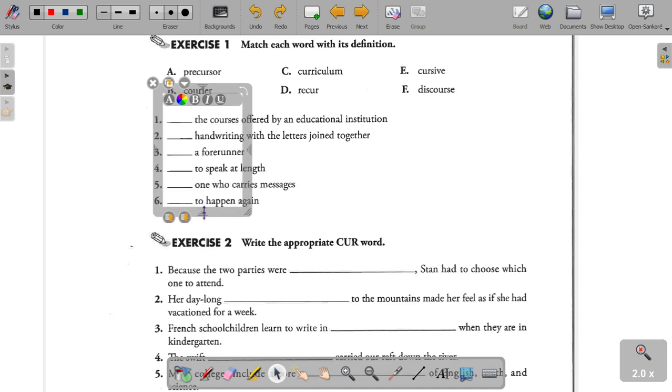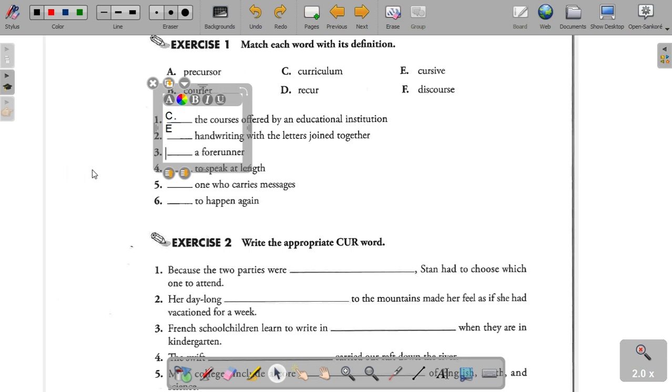Okay, so first of all, we have the courses offered by an educational institution, and that is correct. C, curriculum. Hopefully you got that. Handwriting with letters that join together. Very good. That would be E, cursive. A forerunner of something. Now this is a tough one, but think, F-O-R-E means before.